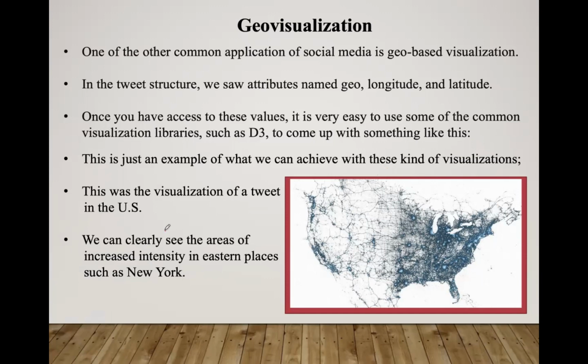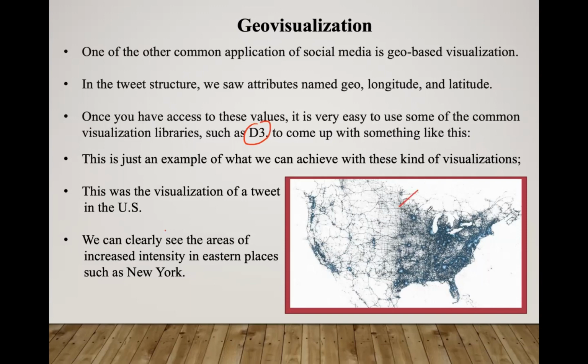In this lecture, let us discuss geo-visualization, one of the typical social media applications. We detected geo, longitude, and latitude characteristics in tweet structure. Once you have these values, you can use a common visualization framework like D3 to create something like this.